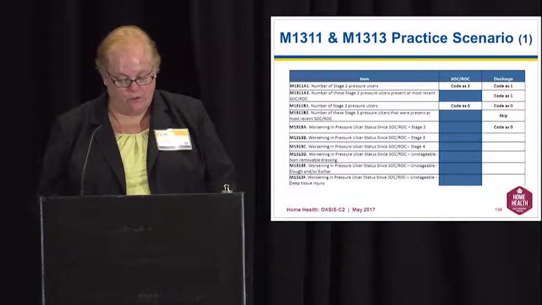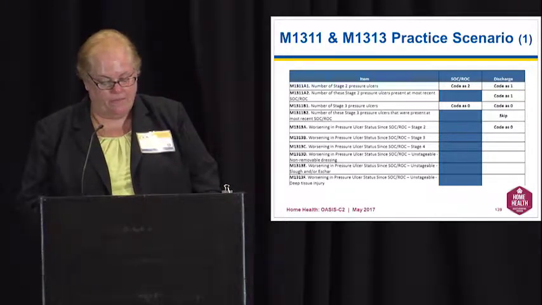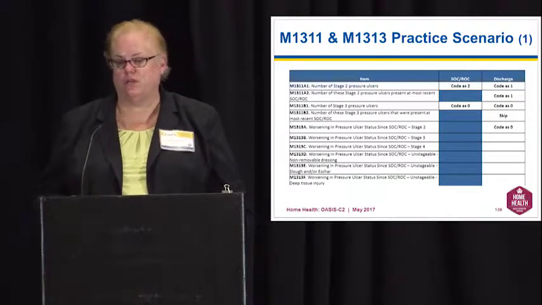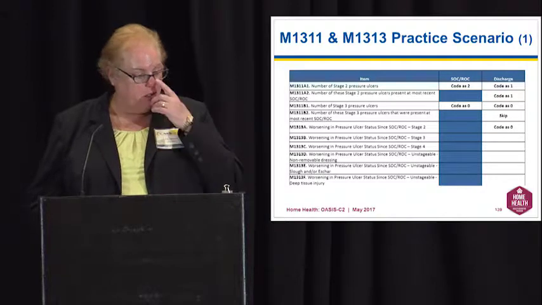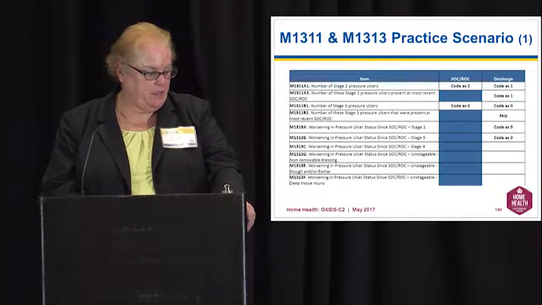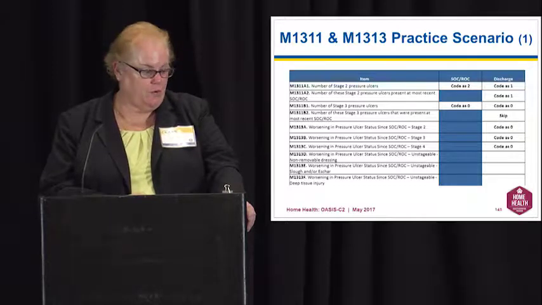Okay, we're going to go through. So what ends up happening here is one of these wounds, the stage 2, went to unstageable. So we don't know what stage this ends up. So in stage 3, we have a 0, right? And then stage 4, we have 0.